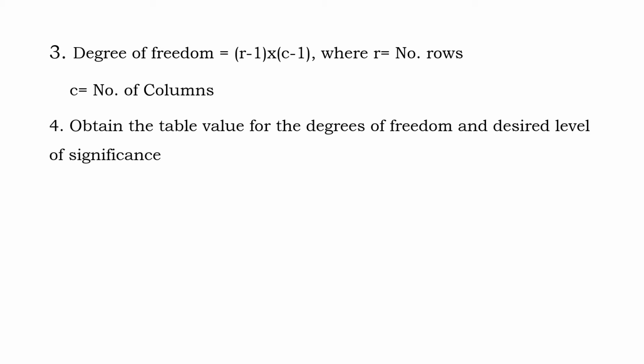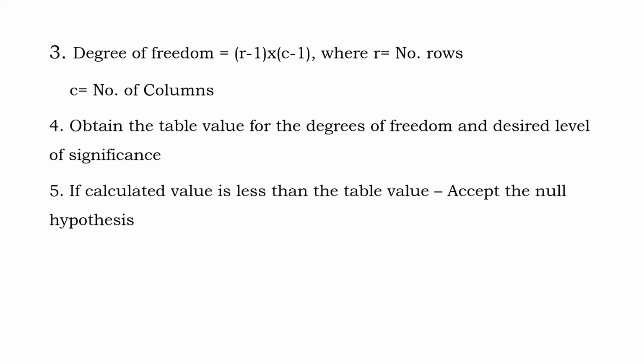If the question is silent about the level of significance, you should always take 5% level of significance. If more accuracy is required, it will be mentioned in the question to test the hypothesis at 1% level of significance. In all other cases, where the question is silent about the level of significance at which you have to test the hypothesis, take it as 5% level of significance.